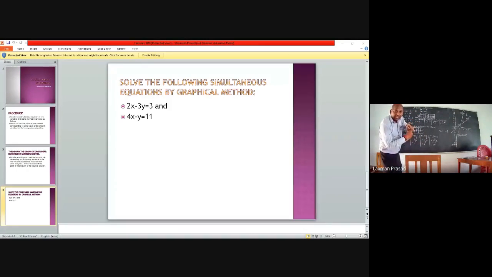This point gives the value of x and the value of y. So in this equation, both the equations intersect in a particular point. Fine. So here the value of x is 3 and the value of y is 1.